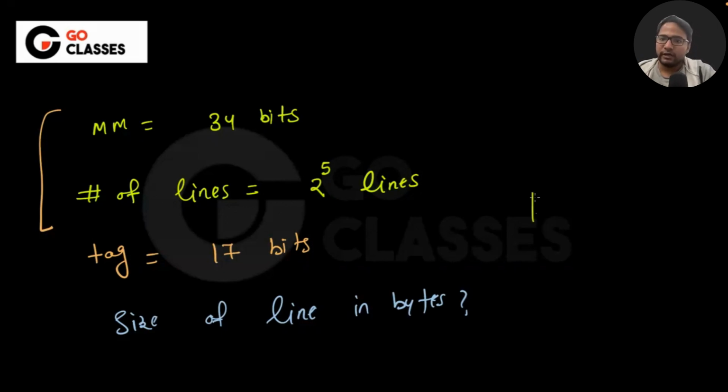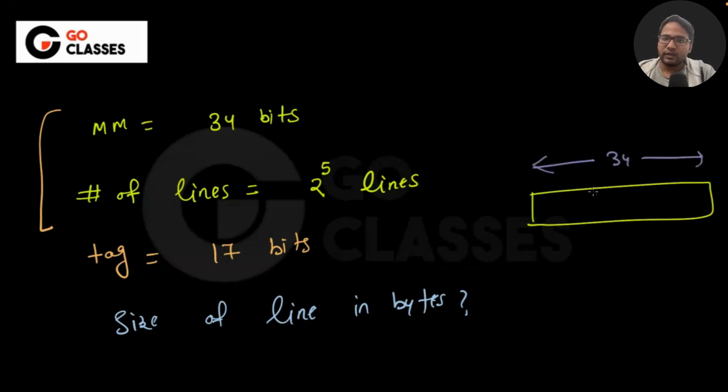See here, they have given you some information, right? Let's check that information. They have given you, this is total 34. This is 17. Cache size is 17, right?